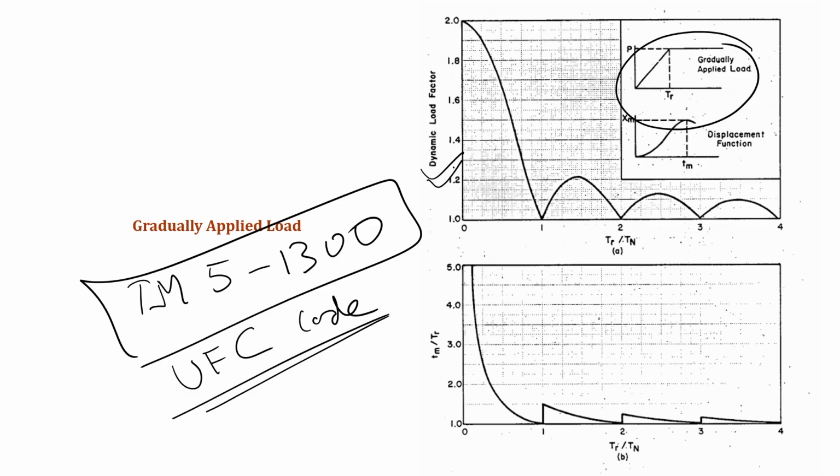We can use the same graph even if we do not know how to do the actual dynamic analysis, and using these graphs we can analyze the system and design the system. To summarize, we have introduced the concept of equivalent static loading. We took an actual system, took the single degree of freedom approximation of the system, calculated the maximum response of the system, and using the maximum response we introduced a term called the equivalent static load factor.